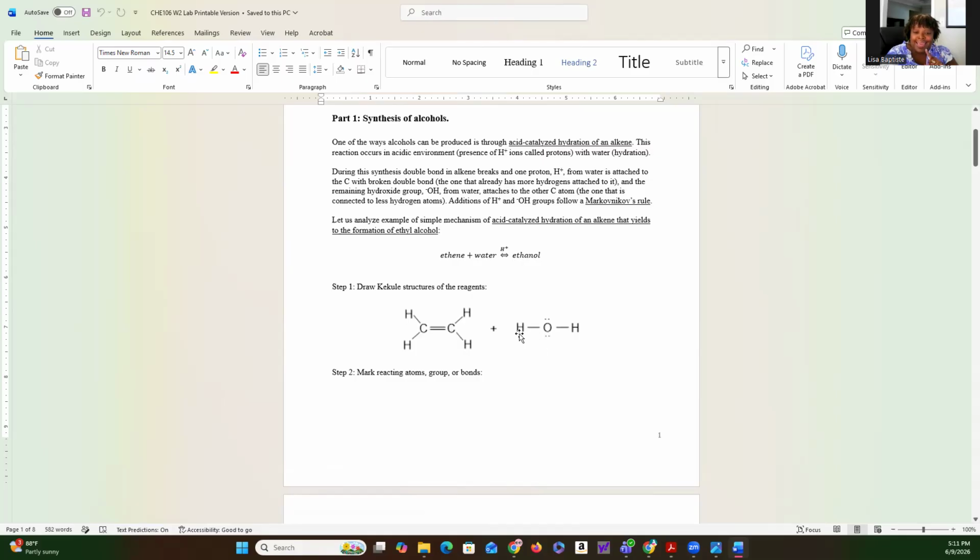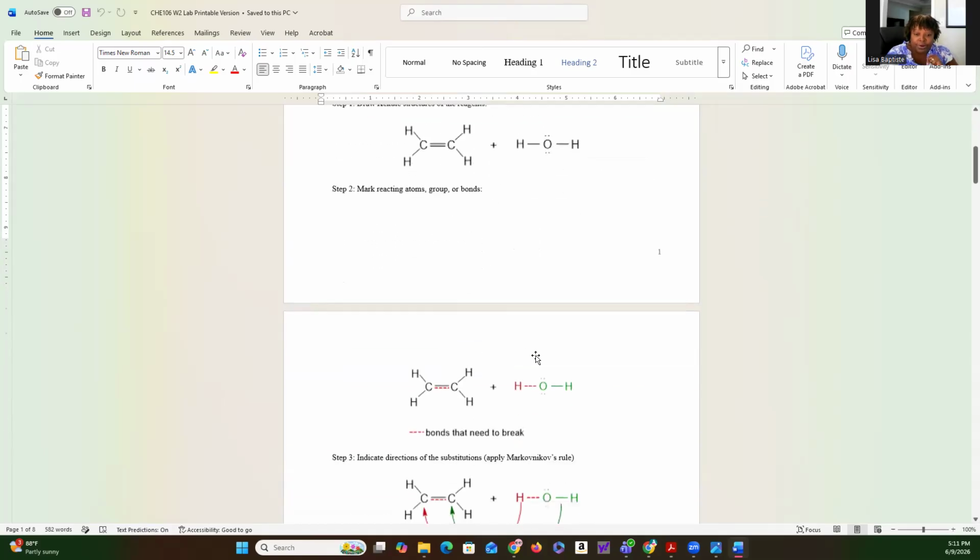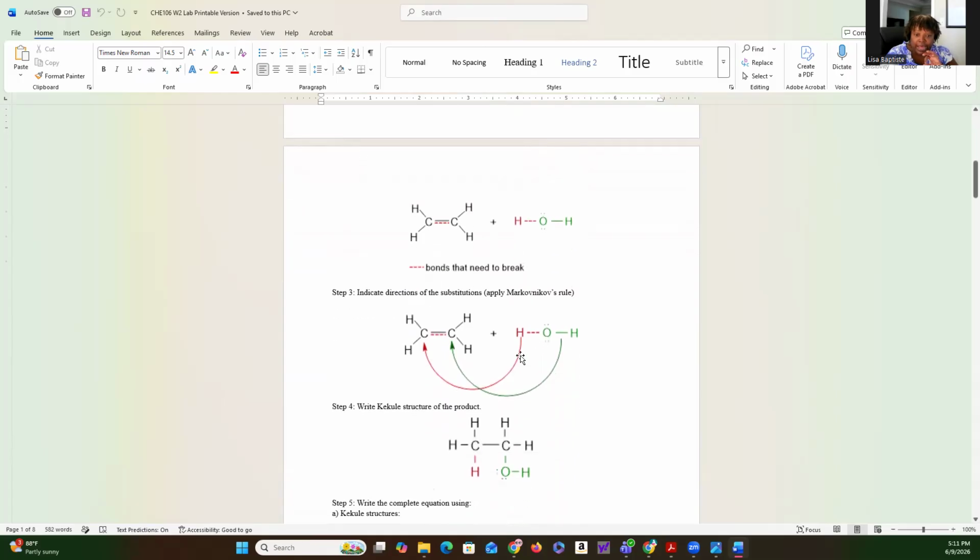The carbon that the hydrogen connects to is the carbon that has the most hydrogen. For this particular example, both carbons have the same number of hydrogens, and so you can pick either one. So this is what it's going to look like. What's going to happen is this double bond is going to break and you're going to be left with the single bond. The hydrogen is going to connect with one of the carbons. The OH group is going to connect with the other carbon, all right?